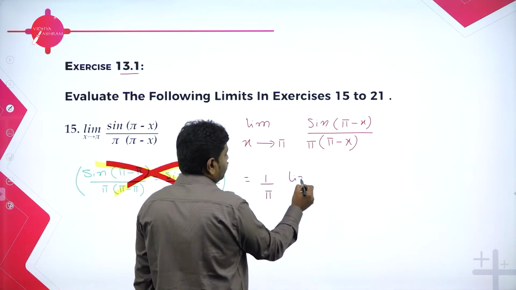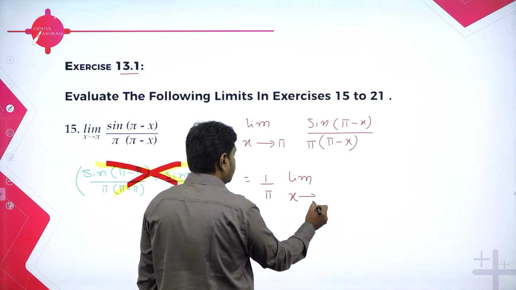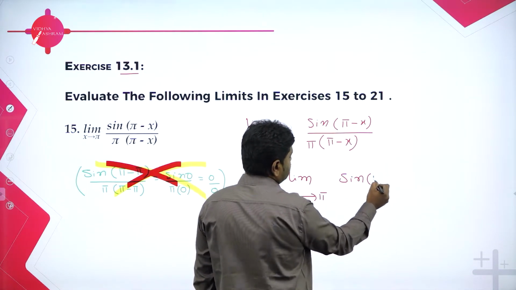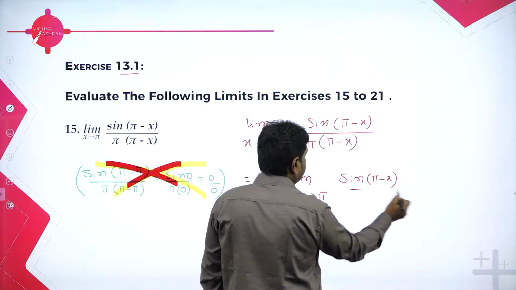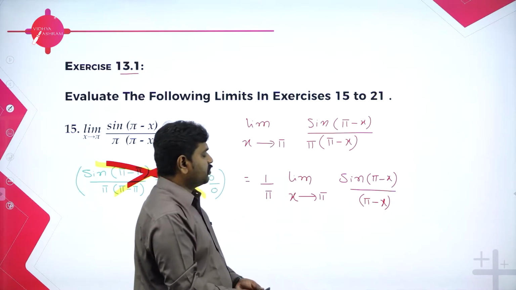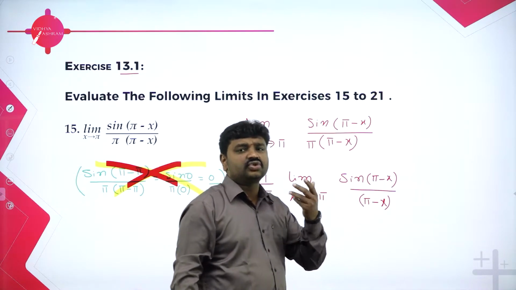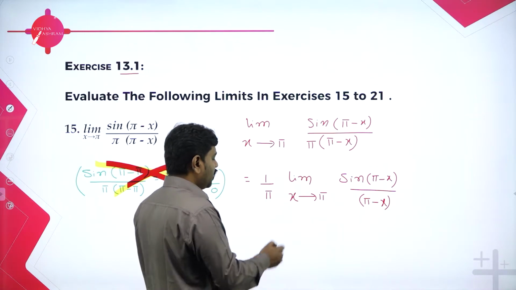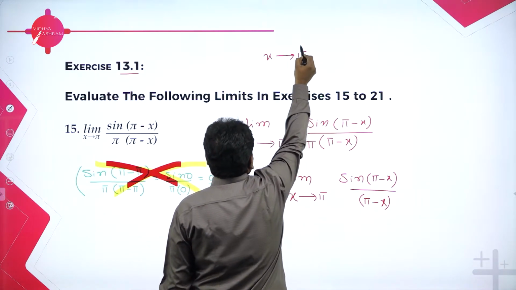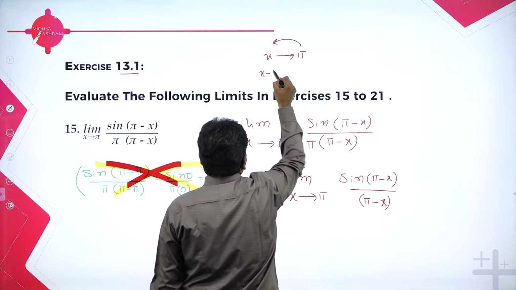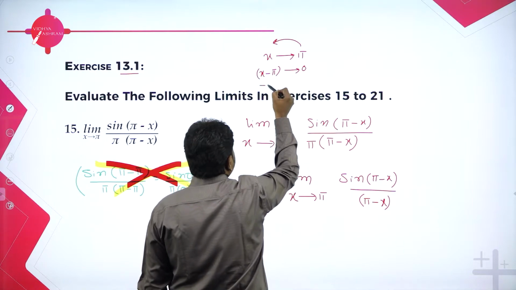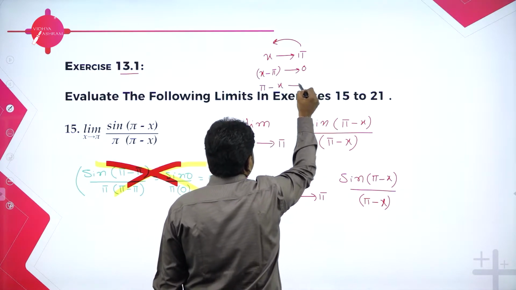What is left is limit x tends to pi, sine of pi minus x divided by pi minus x. Further, this bracketed term pi minus x, I can assume it as theta. Or bring pi to the LHS, it will become x minus pi tends to 0, or multiply by minus on both sides, then it will become pi minus x tends to 0.